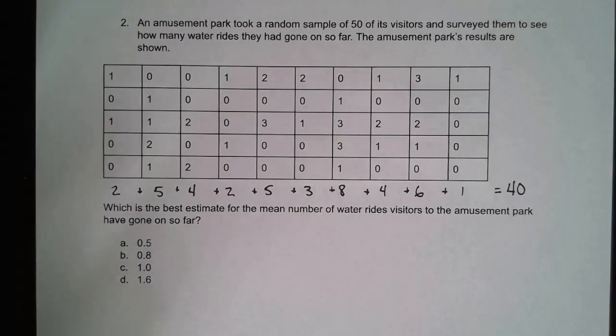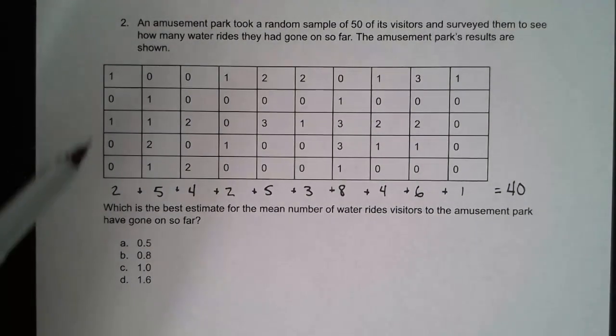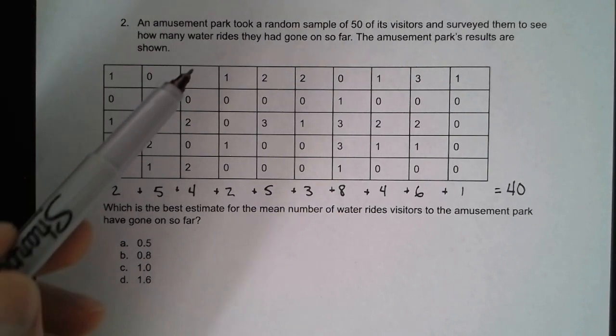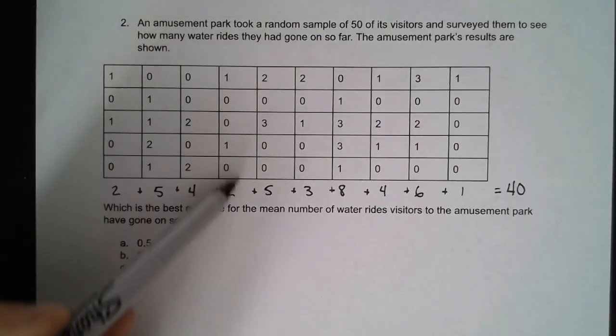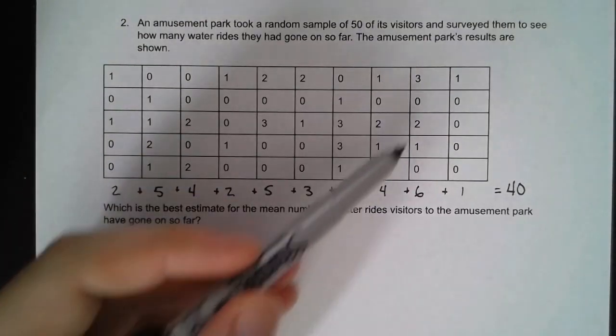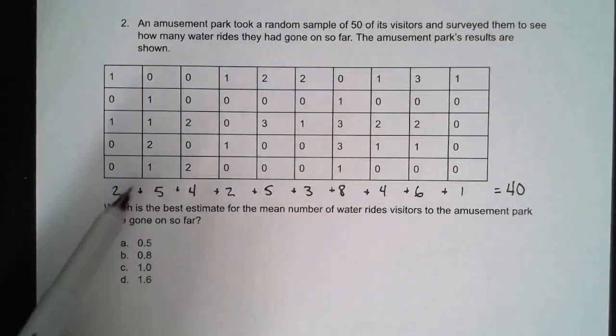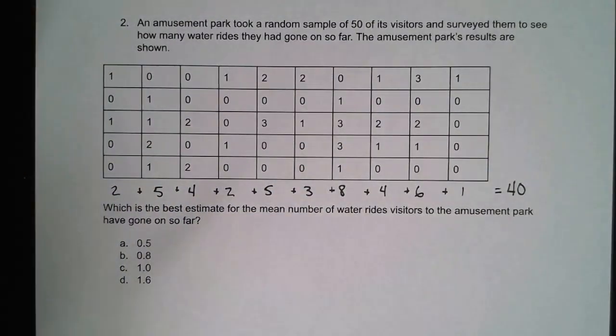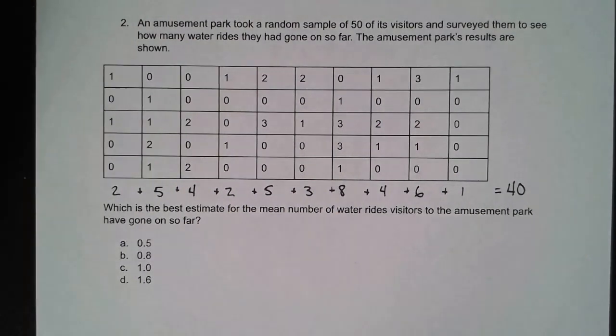So I did the same thing here to add up all of the number of visits. I first added up each column individually. And then I added all of those numbers together, and I got 40 total water rides from this sample.